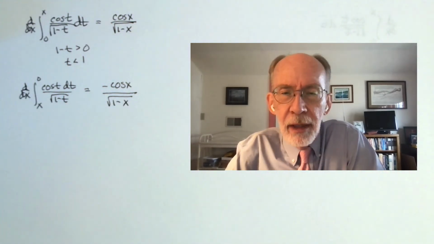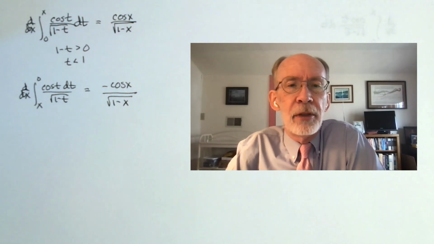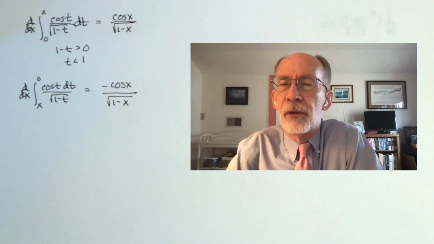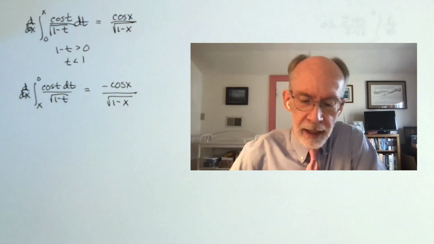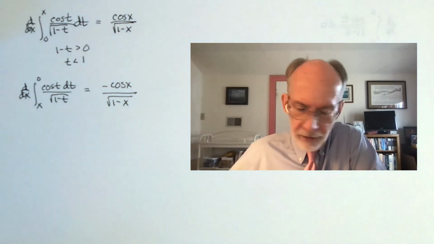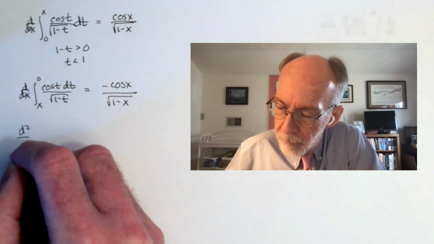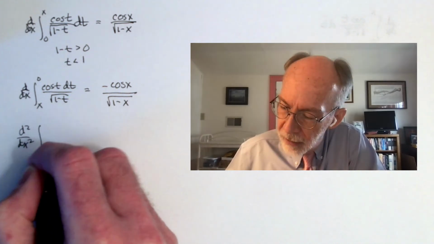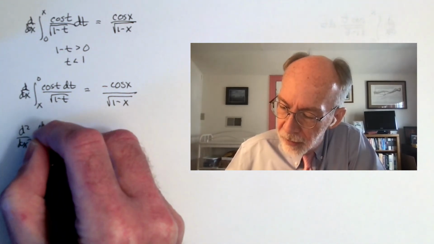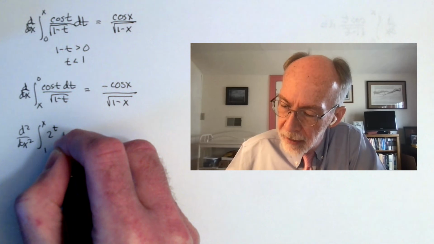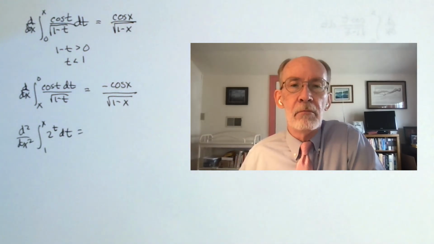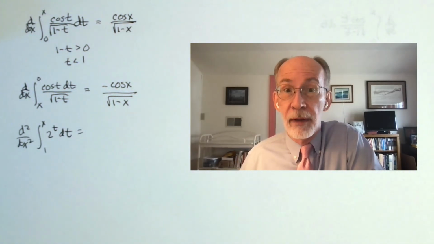That's an easy thing to miss in the heat of battle, but you want to try to attend to that. You want to try to notice situations where those positions are reversed from the way you see them stated in the theorem. And finally, what if you're asked for a second derivative? Second derivative of the integral from 1 to x of 2 to the t dt. Well, second derivatives are derivatives of first derivatives, right?